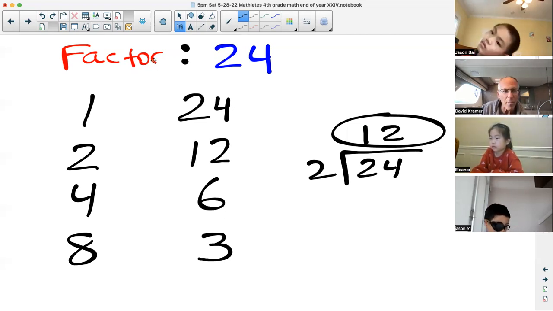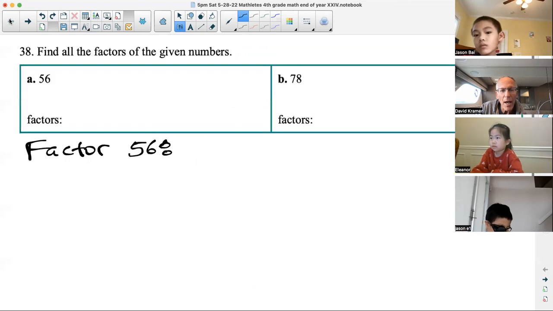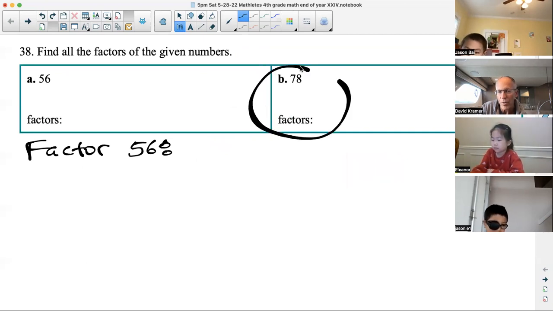Such an amazing number. So what about the number 78? Can you try to factor the number 78? That's a little bit harder.